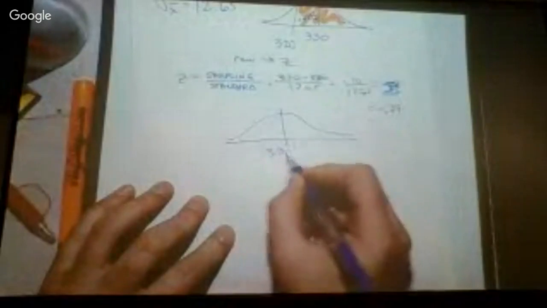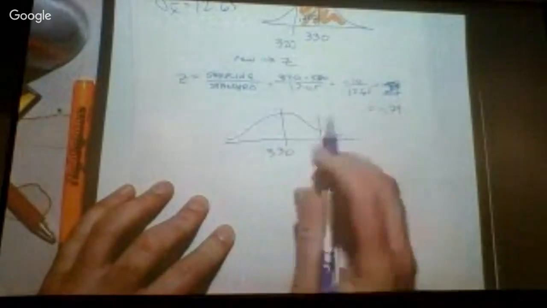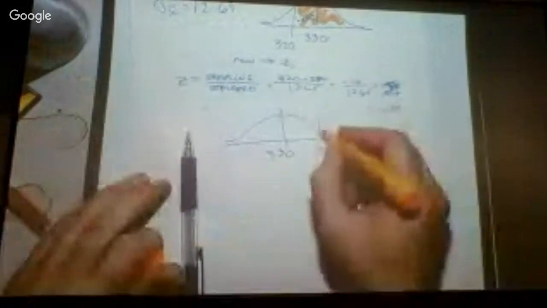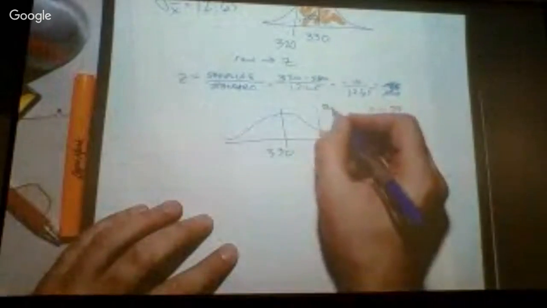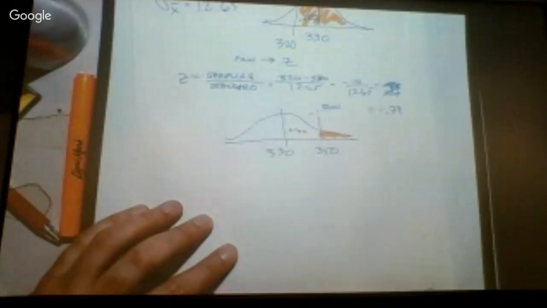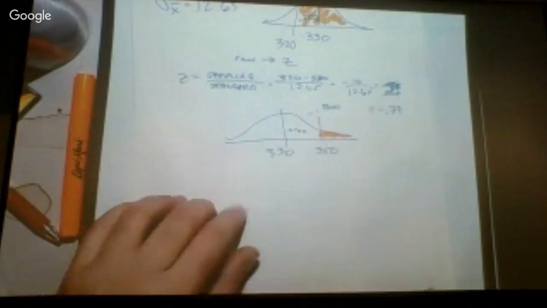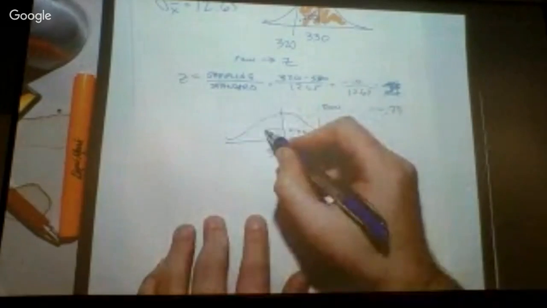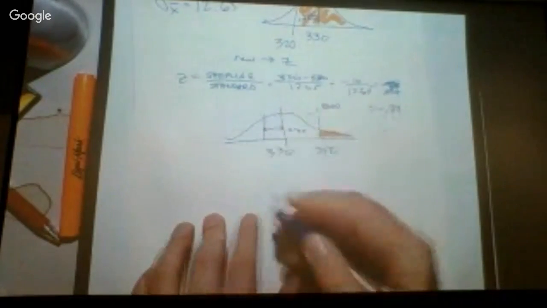36, sample mean greater than 350. So we're going to take 0.5 minus whatever area we get here.